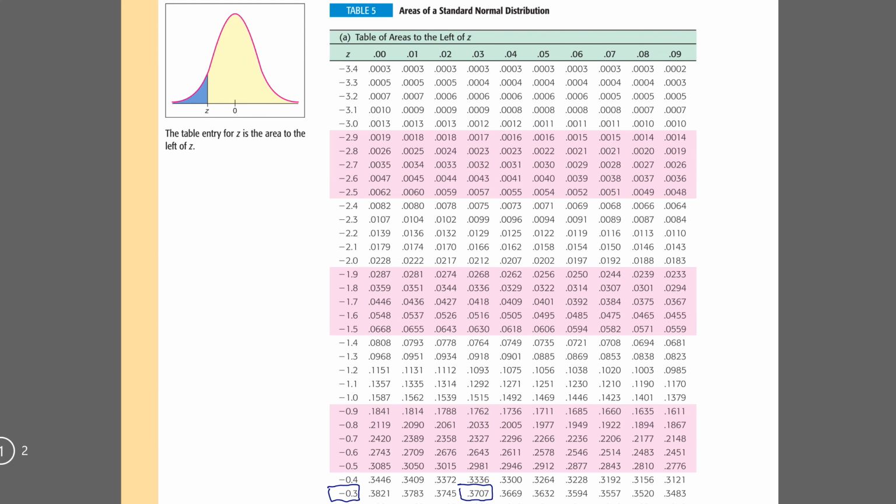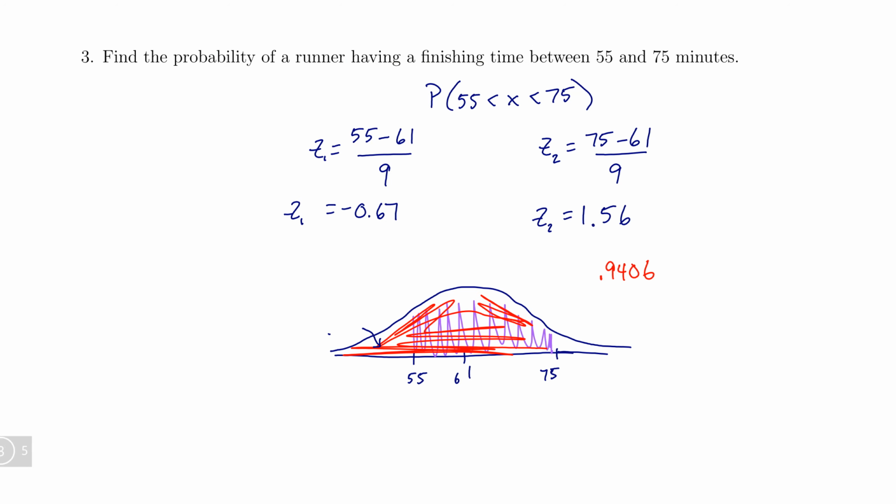Negative 0.67 is negative 0.6, and then over to 0.07, which is 0.2514. Again, this will give us the red shaded area in the diagram, the area in the diagram that is only shaded in red.